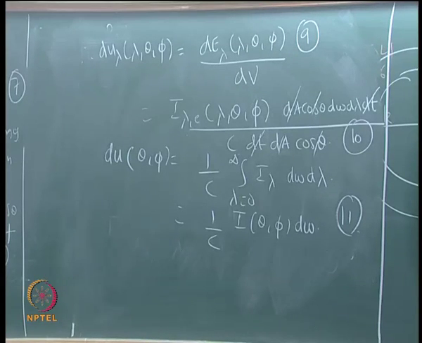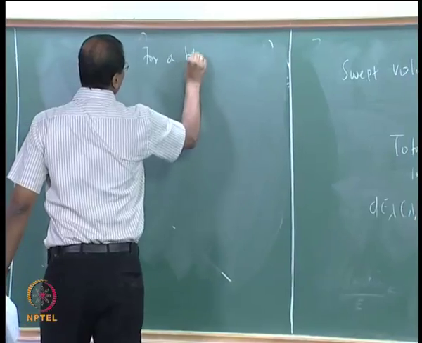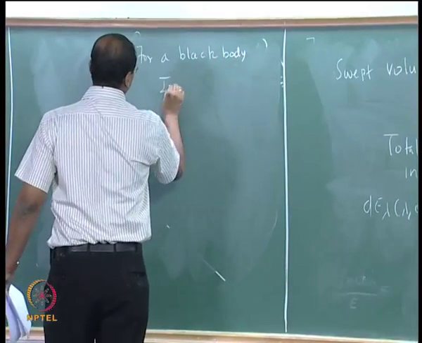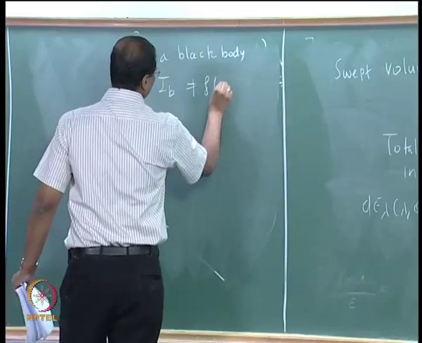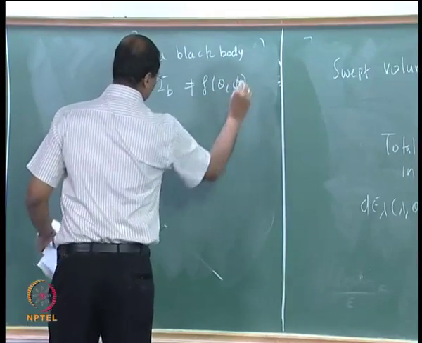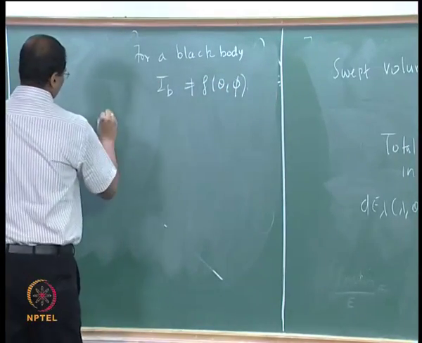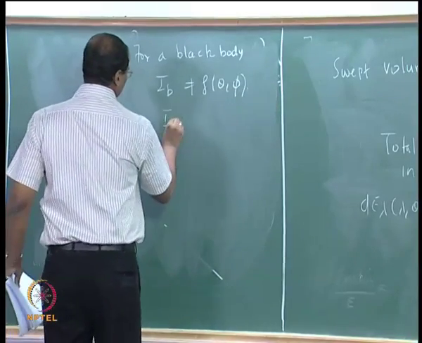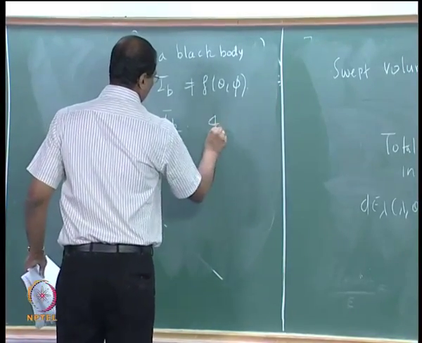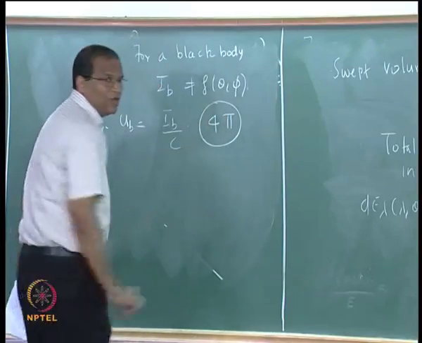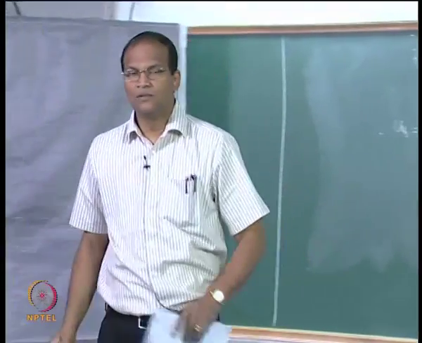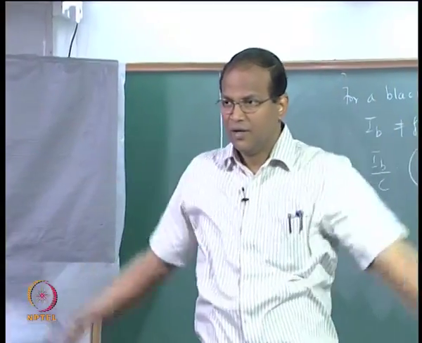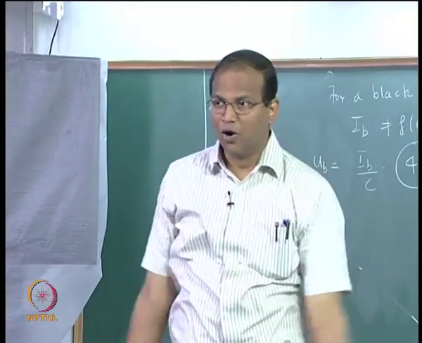For a black body, watch out, I use 4 pi because I am not looking at a surface, I am looking at a point that can receive radiation from all over the place.